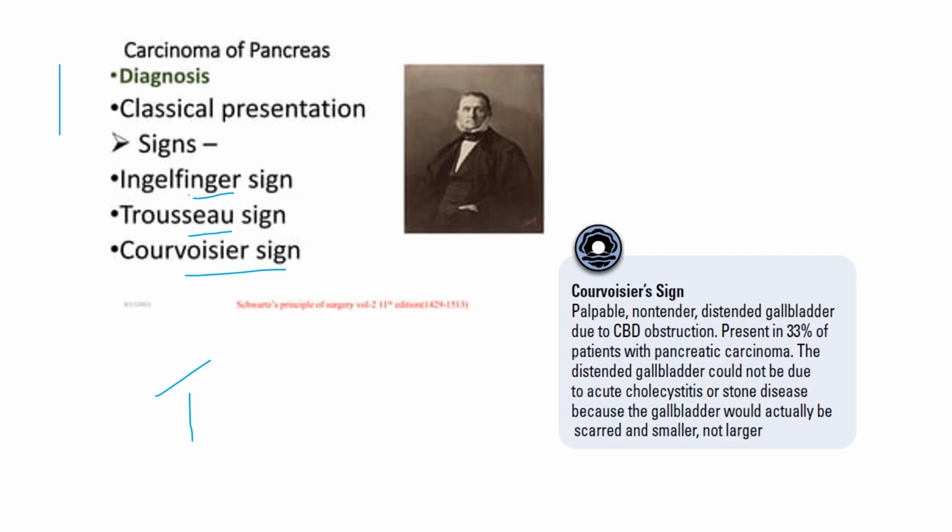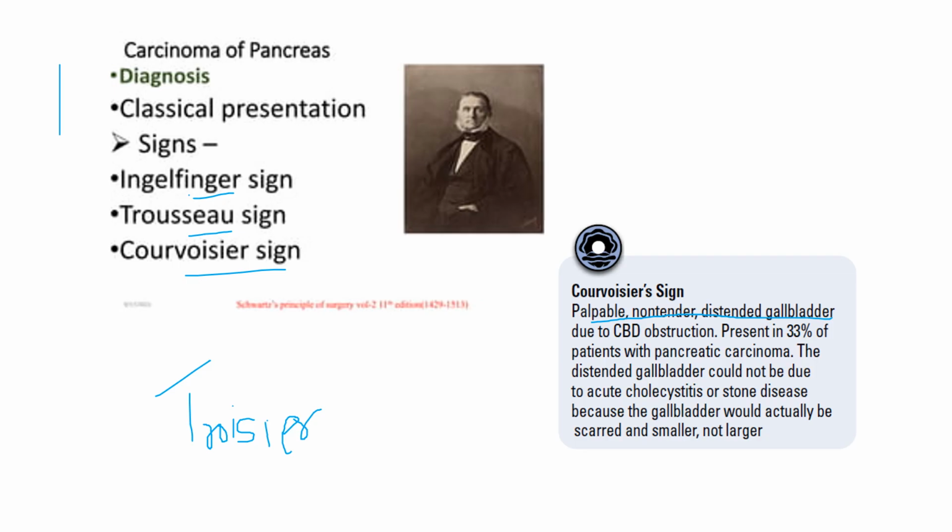We'll discuss that in the next slide. So what is Ingelfinger sign? Ingelfinger means there is a palpable mass, a palpable, non-tender, distended gallbladder. The presence of that mass is called Ingelfinger sign.